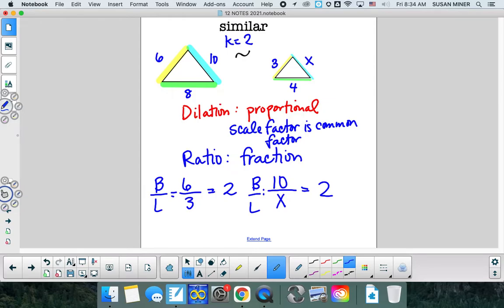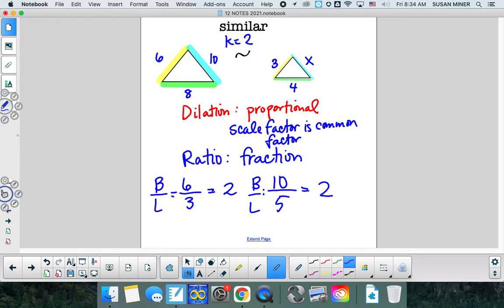And if my scale factor is 2, then I can just take 10, divide by 2, and that will give me X. So 10 divided by 2 would give me 5, and then I could figure out that my side length for my little is 5. That's one way that I could do it. Figure out the scale factor first, right? And then use that scale factor to help you find the missing side length.